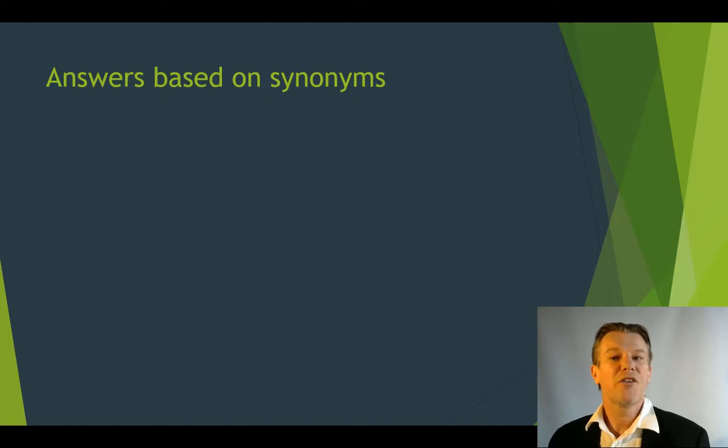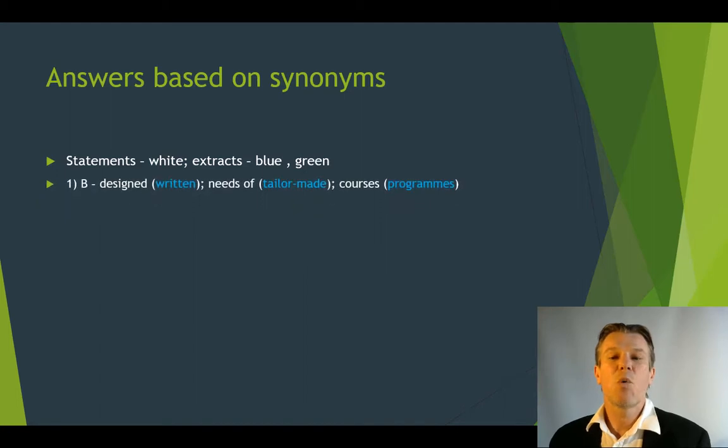So, answers based on synonyms. The statements 1 to 7 I've got in white. The extracts are in blue and green to coincide with the answers from the texts. So number 1, the answer is B. Now designed was in the statement.